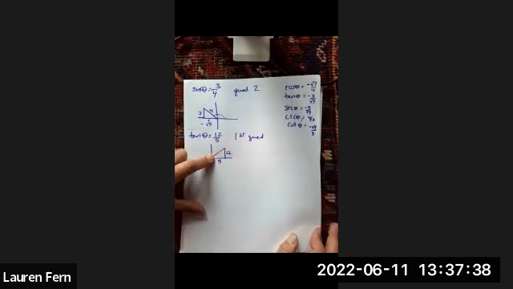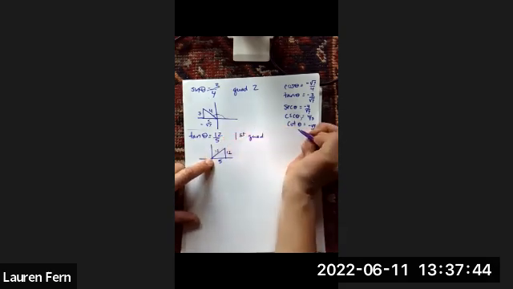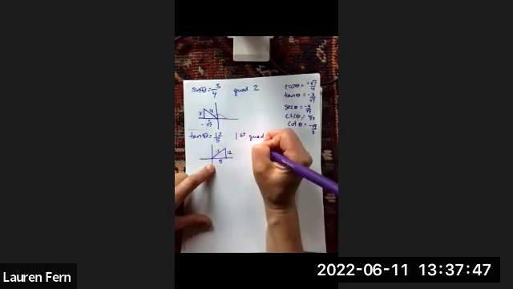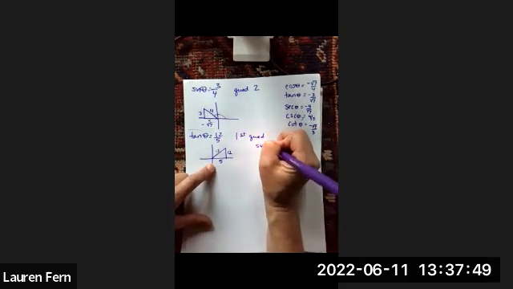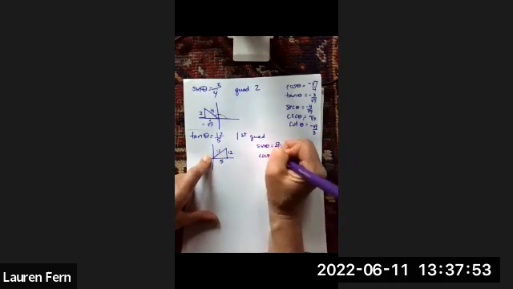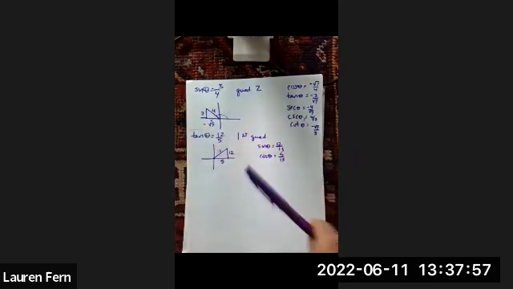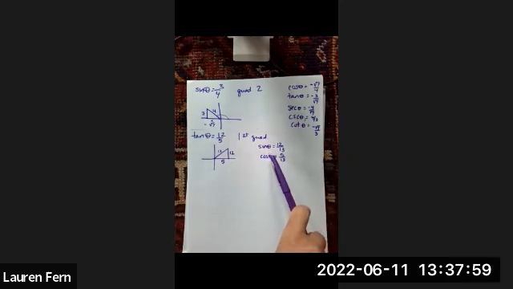We can use our Pythagorean theorem here to find the length of our hypotenuse, which is 13. So my sine is 12/13. My cosine is 5/13. And then in order to get our cosecant, our secant, and our cotangent, we can just flip all of those.